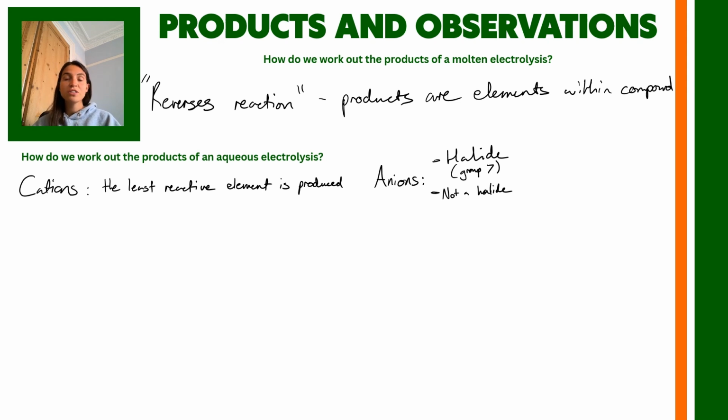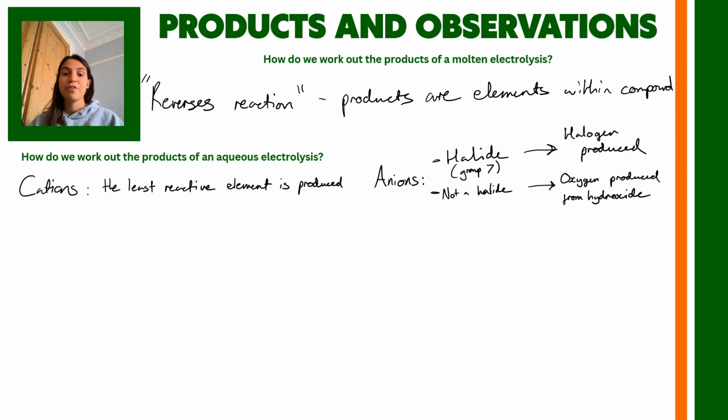So your anions are your negative ions in this ionic compound, and your halides are the ions that come from group 7. So group 7 is where you have all your halogens. So for example, chlorine, and the halide for chlorine would be your chloride ions, which is a negative ion. And if you have a halide, your halogen will be produced. So the chlorine will have been produced.